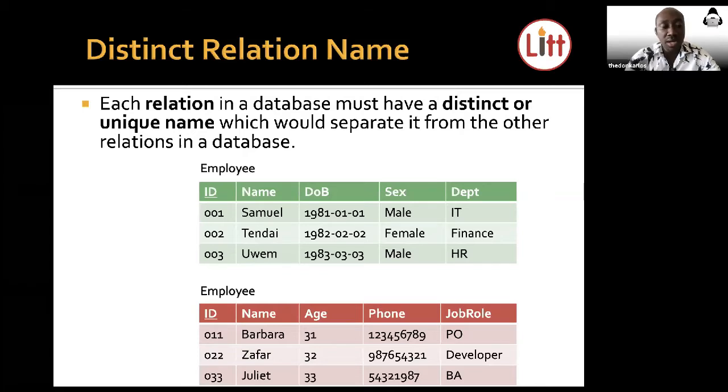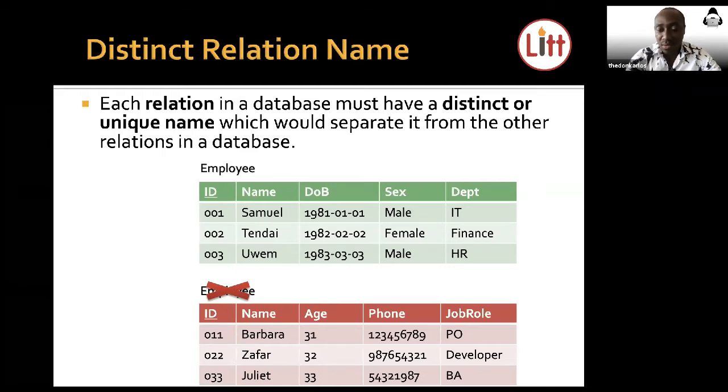But because they are both talking about employee, we decide to call the second one also employee. In the relational data model, this is not accepted. You can't give two relations or two entities the same name. Whether they have the same data values or not, you need to give it a distinct relation name. So that is one of the characteristics of the relational data model.